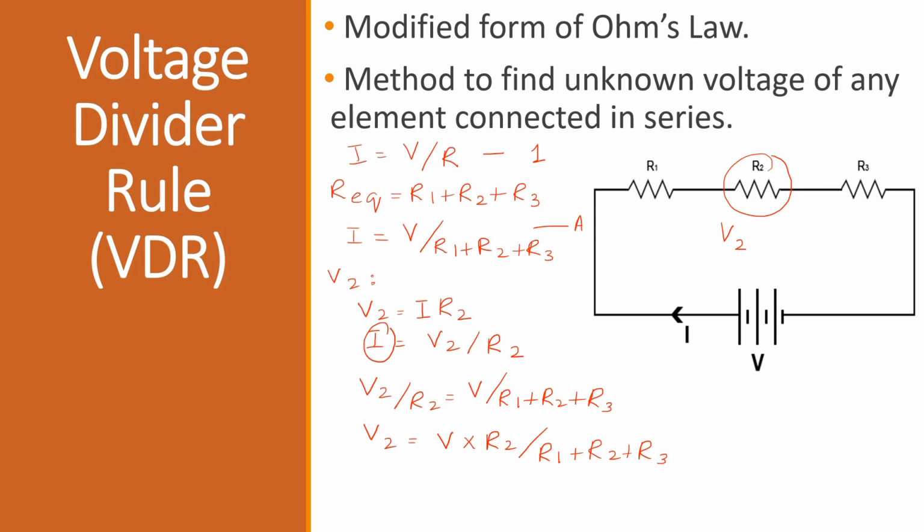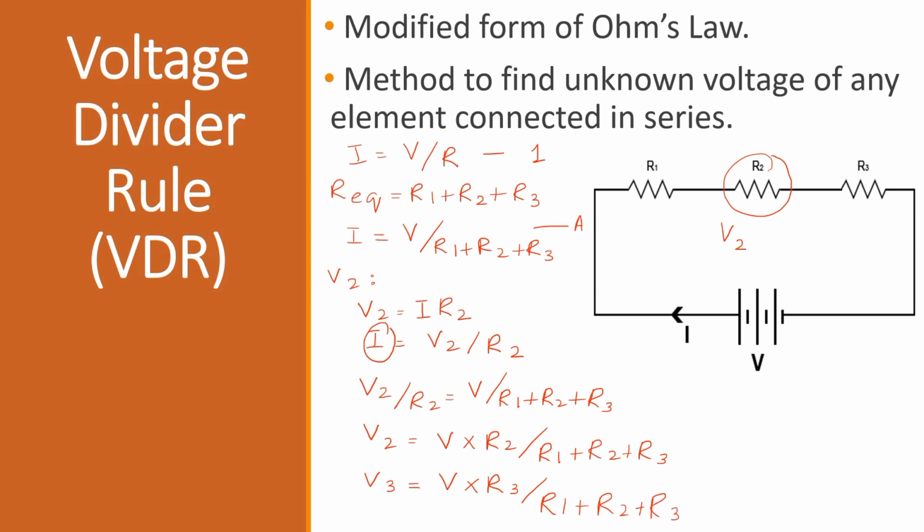Similarly, for V3, the above equation would become V multiplied by R3 divided by R1 plus R2 plus R3.